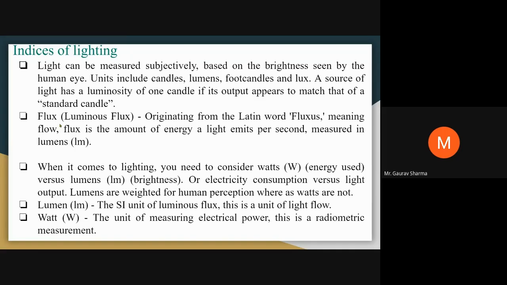Indices of lighting, if I talk about, there are multiple indices. So light can be measured subjectively based on the brightness, seen subjectively means by sensing it, seen by the human eyes. The units include the candle, lumens, foot candles, and lux. So these are the very basic and popular units. A source of light has a luminosity of one candle if its output appears to match that of a standard candle.